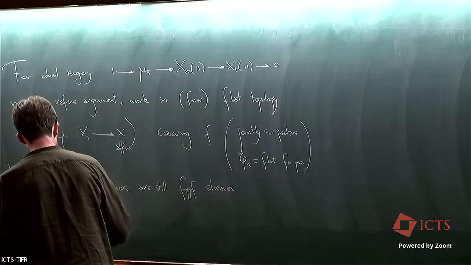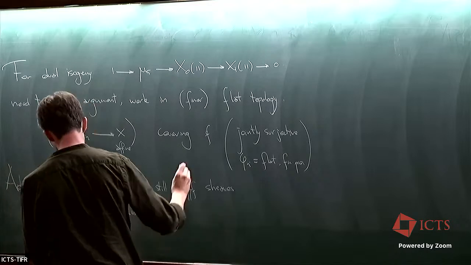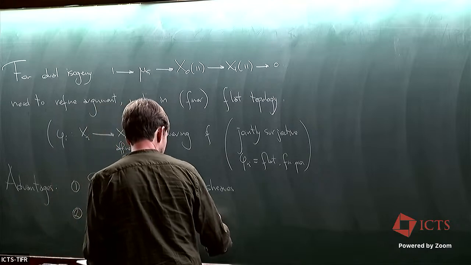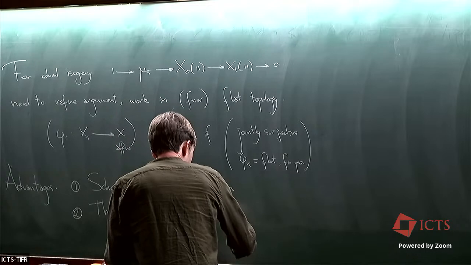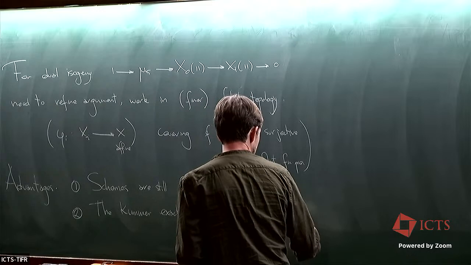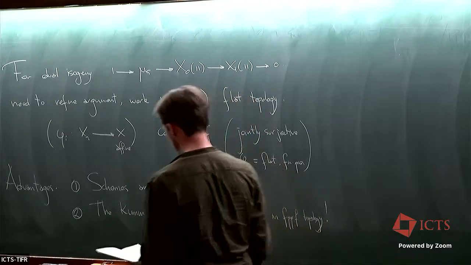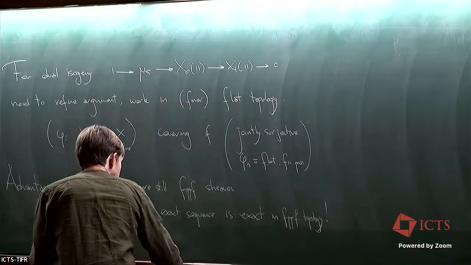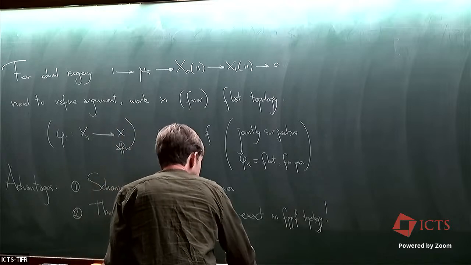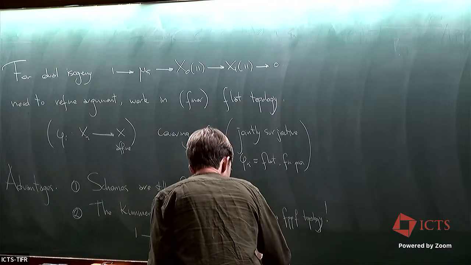And crucially, the Kummer exact sequence, and that's the only thing we'll use really, these two facts, is exact in the FPPF topology. And using just those two facts, the Kummer exact sequence, I'll remind you, is the sequence that defines mu n by taking Gm to itself, by taking the n-th powers.